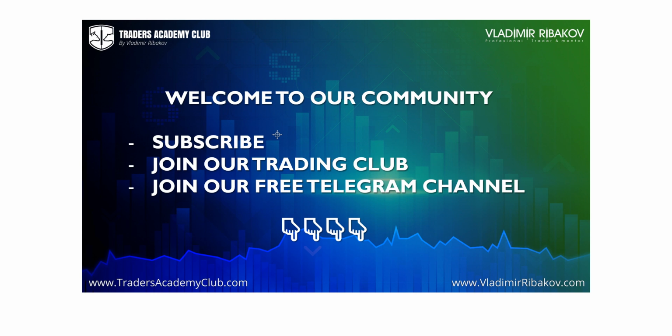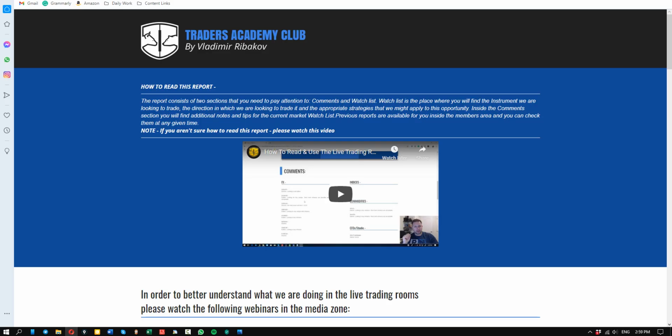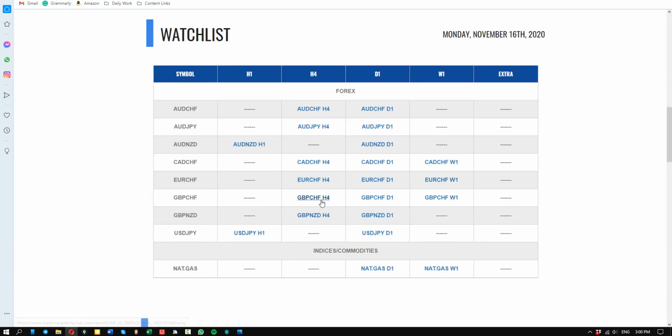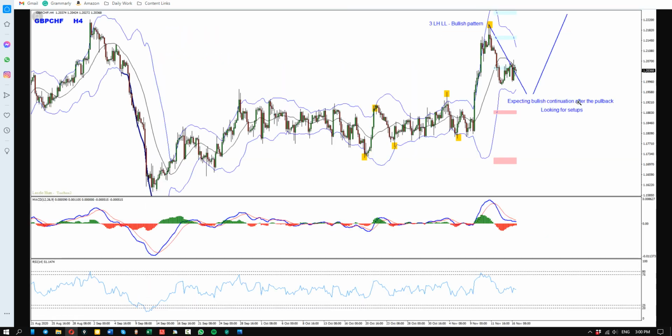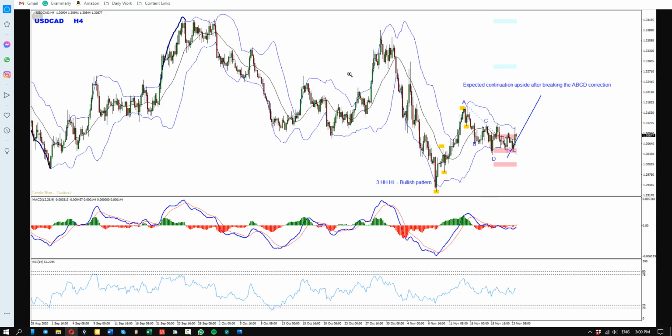To present the importance of management, I want to take trades directly from the trading report that the members of Traders Academy Club are exposed to. This is how our trading report looks, and one of the trades here is the pound franc, where according to the analysis I expect a bullish continuation, and another one is dollar CAD, where we also got a setup for a bullish continuation.